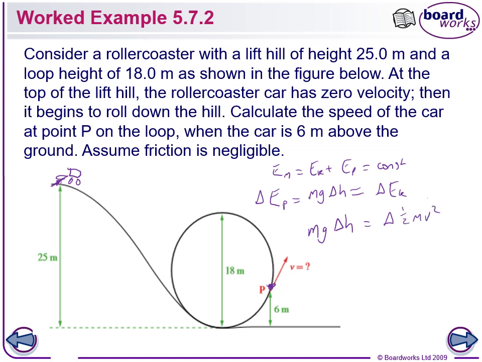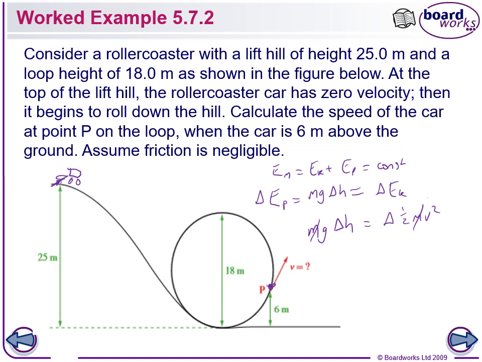All I've done is replace that delta Ek with that. And so now, hey, look at that, we don't need mass. Divide both sides by m and the mass cancels out. So now let's rearrange because we want v at that point.